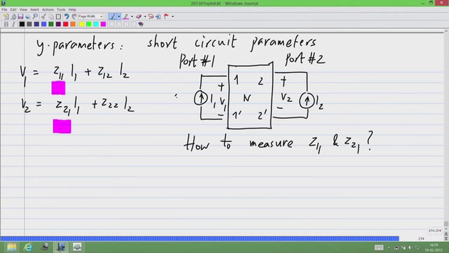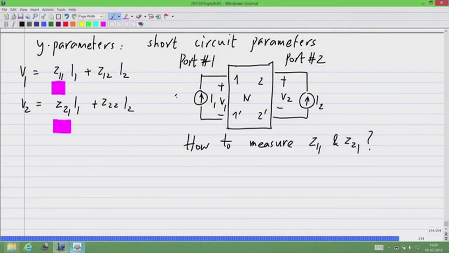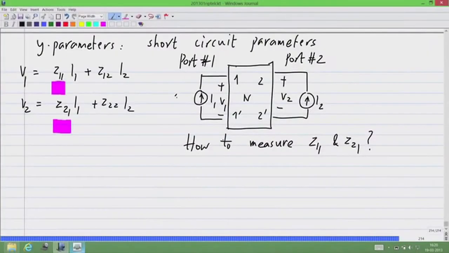How should I measure it? So please try to answer this. How would I measure Z11 and Z21?